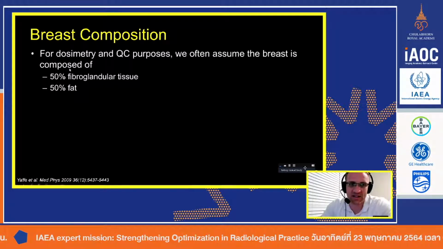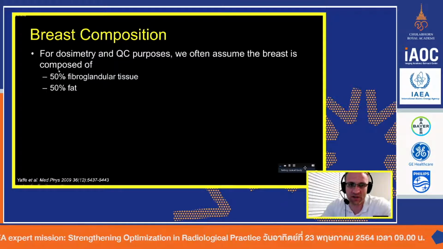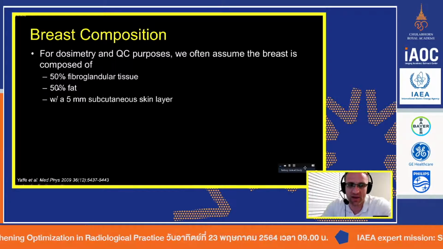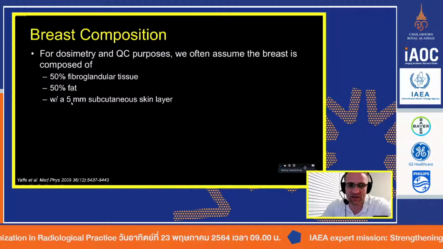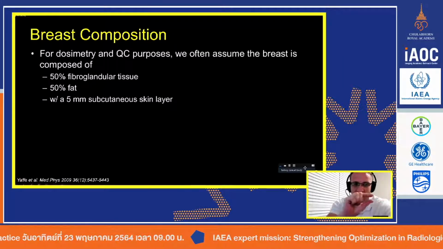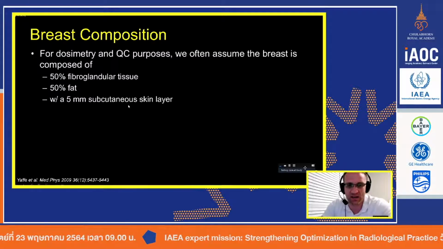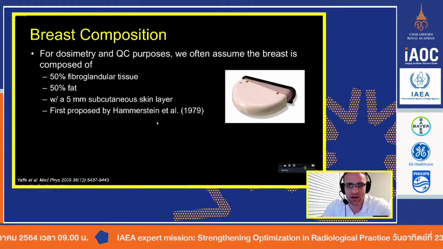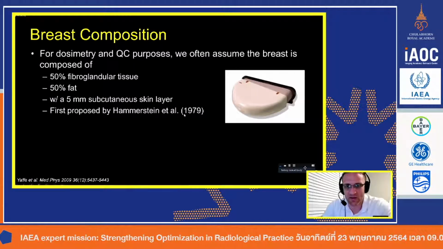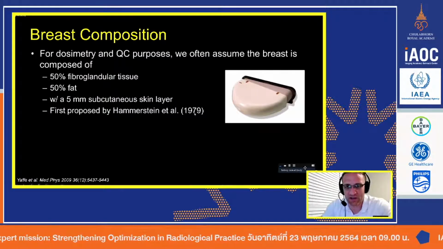So this idea of a 50% fibroglandular, 50% fat, and then a question of whether we should assume there's a 5 millimeter subcutaneous fat layer underneath the skin. This whole model that I'm talking about was proposed back in 1979.